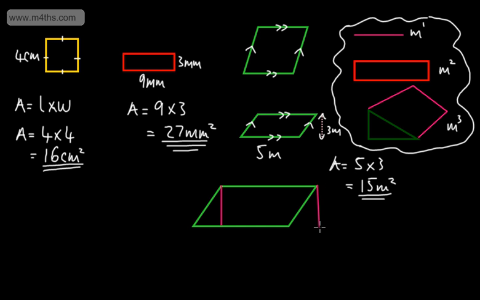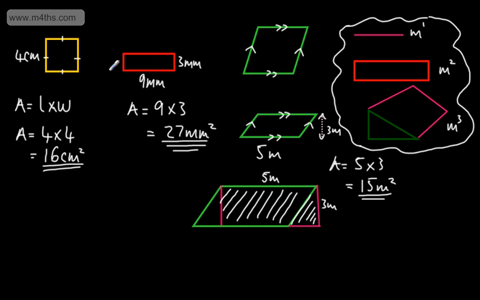From that we can see that if I took this triangle off here and put it over here, we have a rectangle. We know that these two lengths are equal, so this would become 5 metres, this would become 3 metres, and we would simply be finding the area of this rectangle. So that's why it works. It's nice and straightforward.